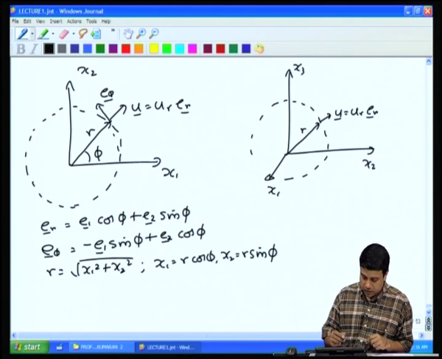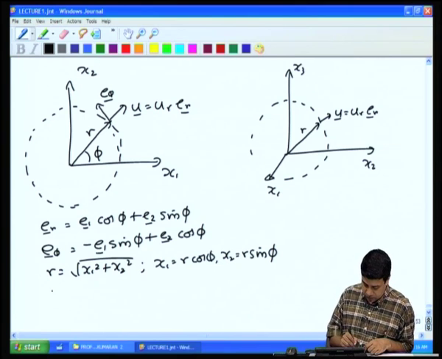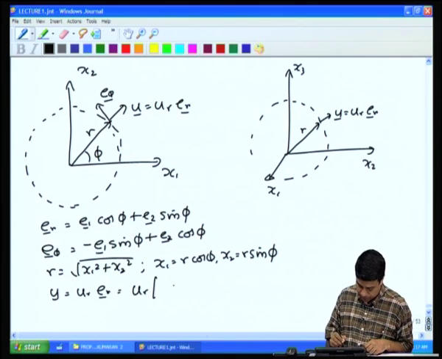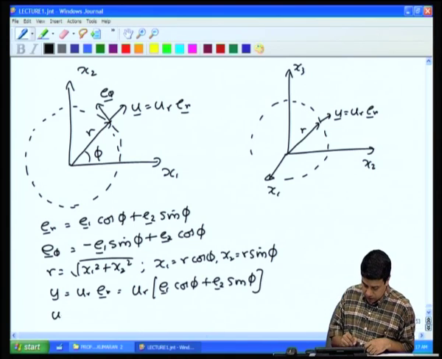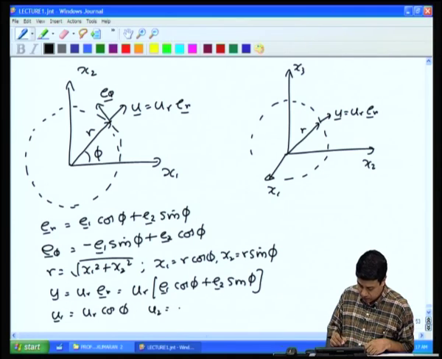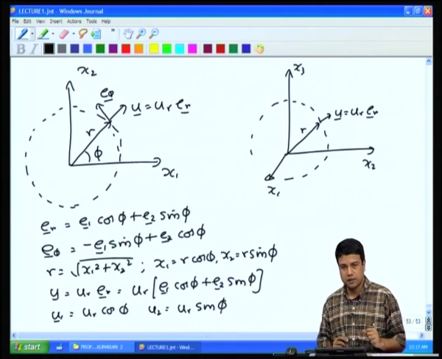So, u vector is equal to u_r times e_r, which is equal to u_r into e_1 cos phi plus e_2 sin phi, which means that u_1 is equal to u_r cos phi and u_2 is equal to u_r sin phi.